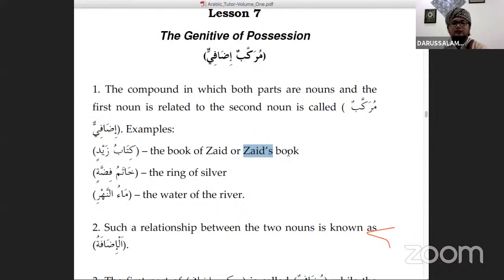Okay, either you translate like that, or another way of translating it is, for example, here Kitabu Zaidin, look, we mention the mudaf ilaih first, Zaid. Kitabu Zaidin, you translate as Zaid's book. Okay, don't fight, don't fight. I can see you fighting there. Don't fight. Okay?